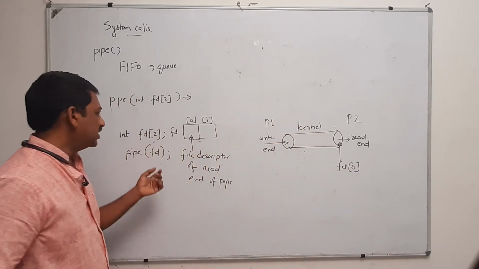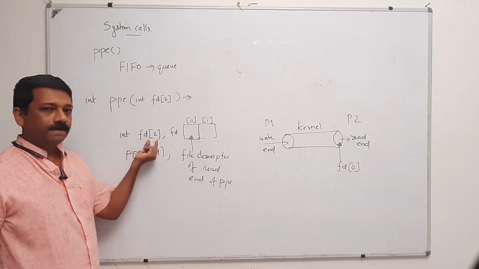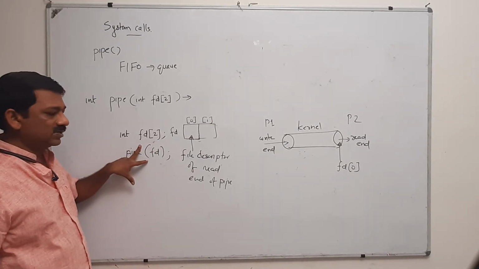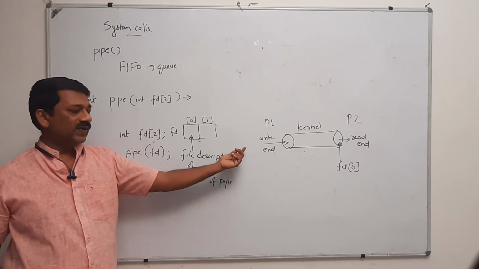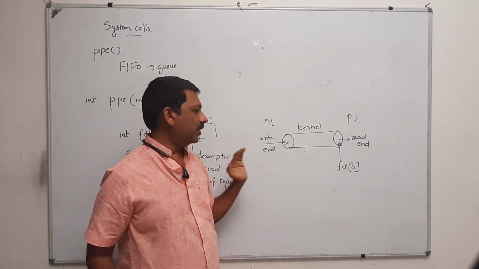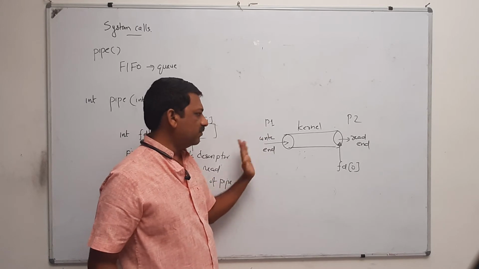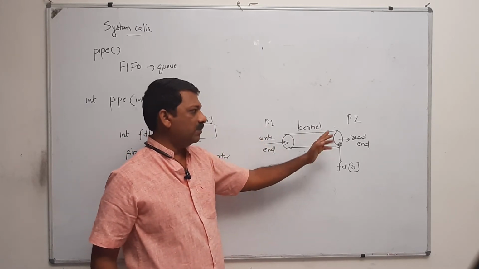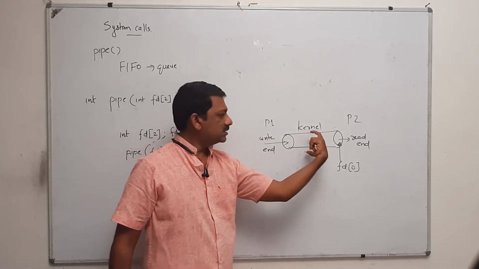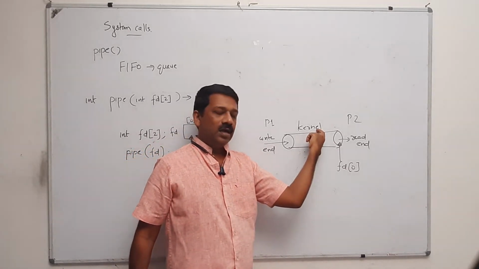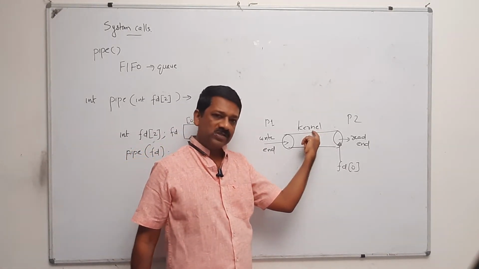Once the pipe is created using this pipe system call, it has a read end as well as a write end. Process P1 is writing to this pipe and P2 is reading from the pipe. So this is a pipe used for inter-process communication.